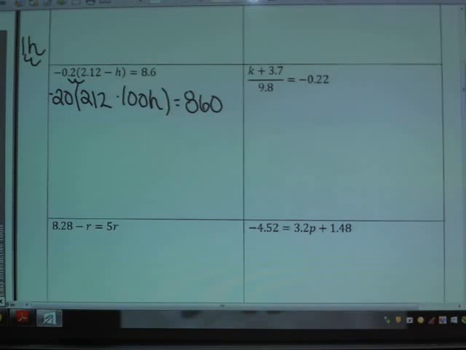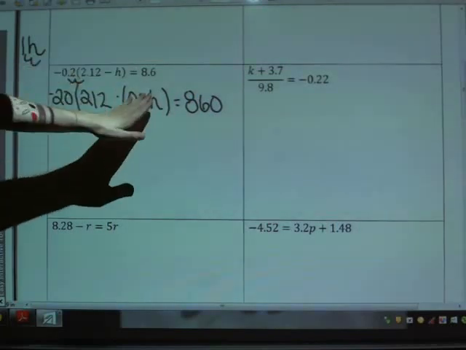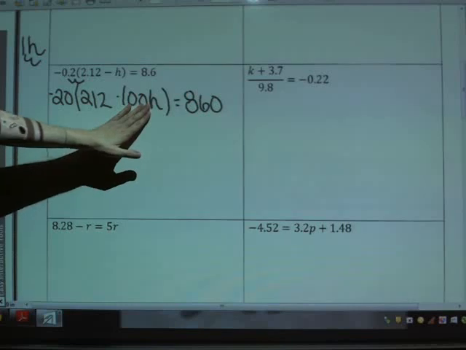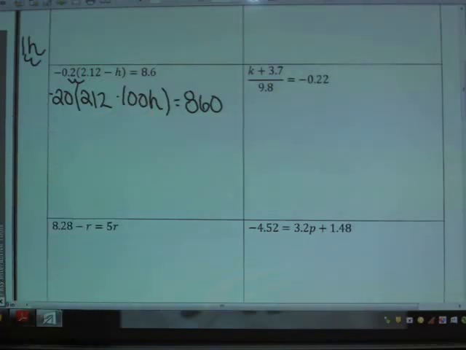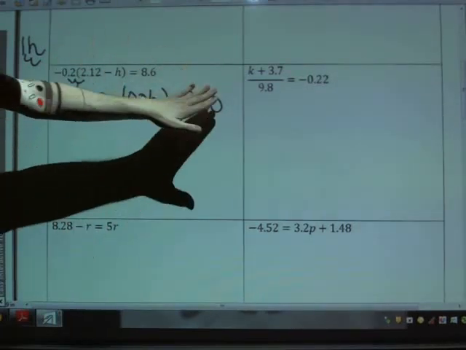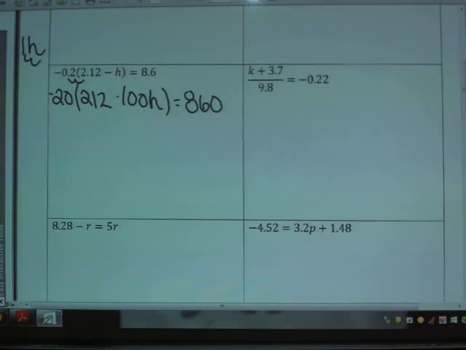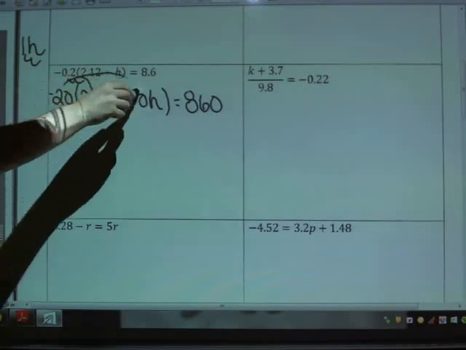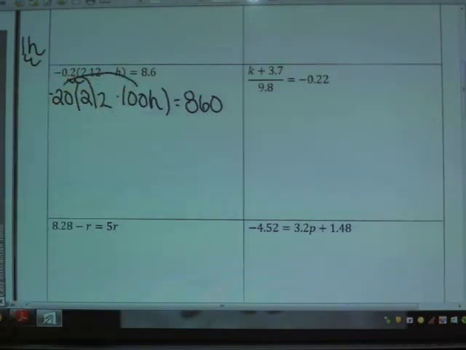You can, if you want to at this point, distribute the negative 20 through both parts, which is exactly what I intend to do. You could, if you wanted to right away, also divide by negative 20. That will cancel this out right here, and you'll have 860 over negative 20 to deal with. But because we're trying to get good with distributive property, I'm going to carry this through to both parts using that distributive property.